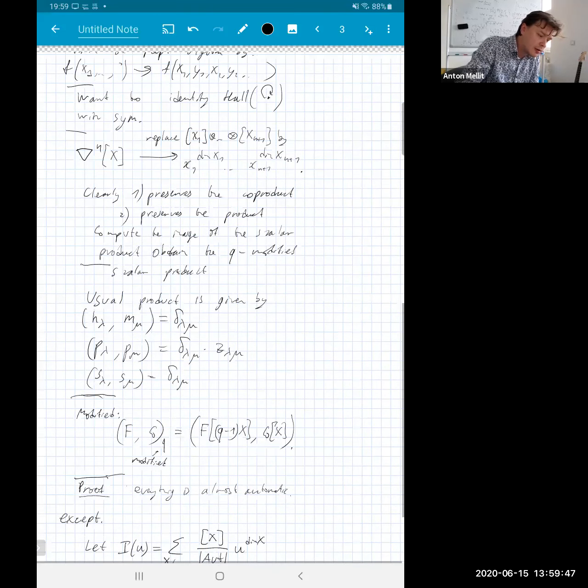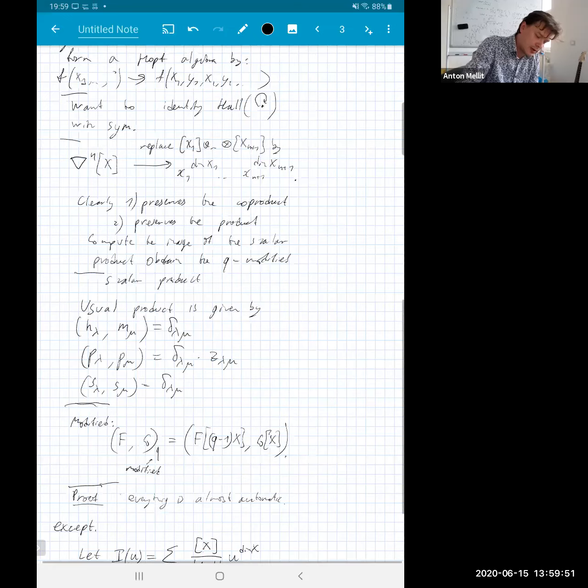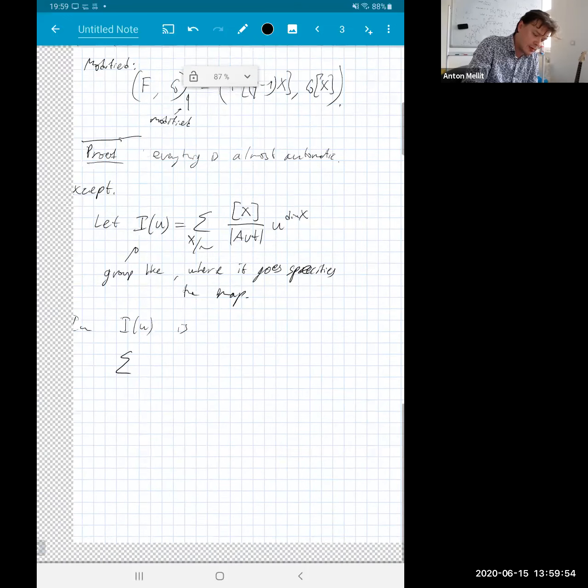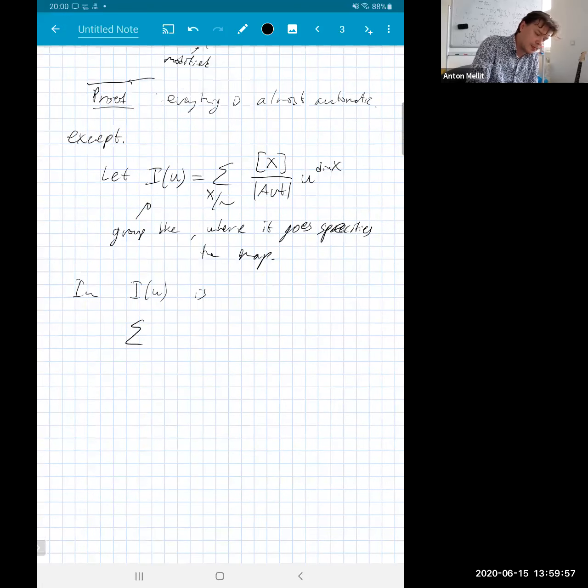Now we have to go over all objects, all partitions, and then go over the automorphism group, so this is the centralizer of that nilpotent matrix.